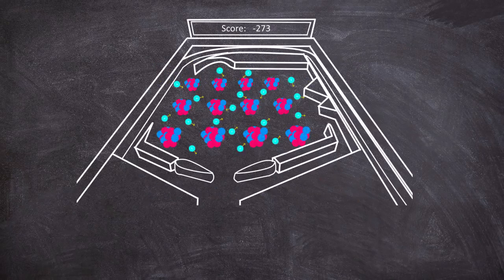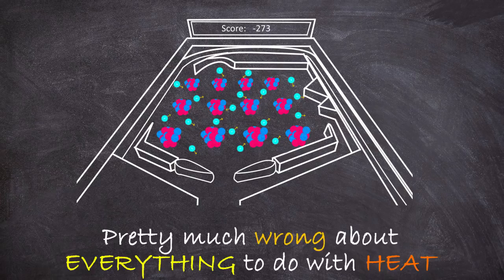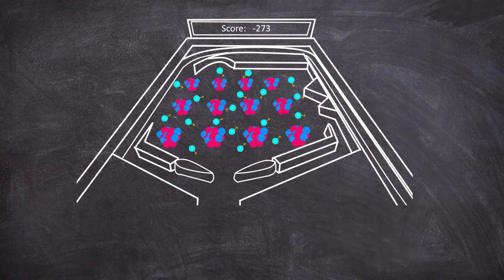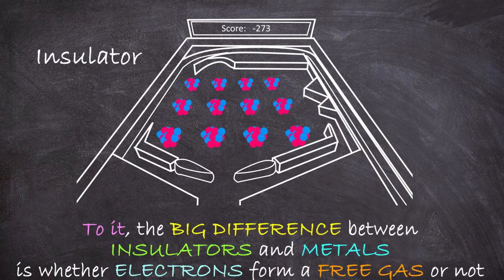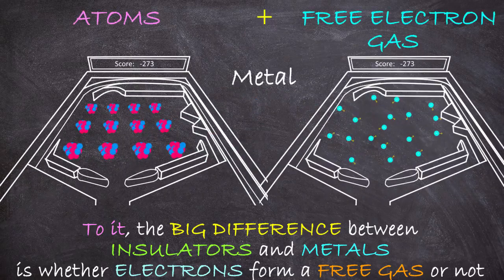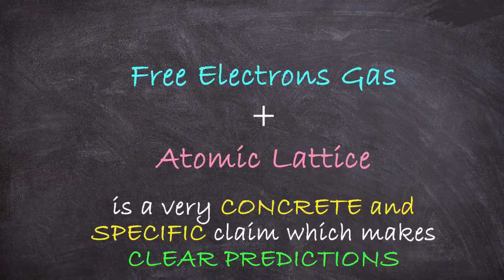As another example, this model gets pretty much everything wrong about how metals and insulators respond to heat. This idea it has where an insulator is kind of like a rigid array of little oscillating atomic cores, where a metal is a similar array plus this sort of free gas of electrons, well, that actually makes some very specific and bold claims when you walk it through the physics and math of thermodynamics.